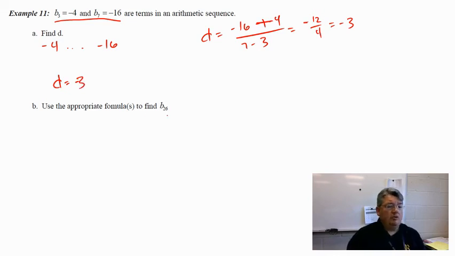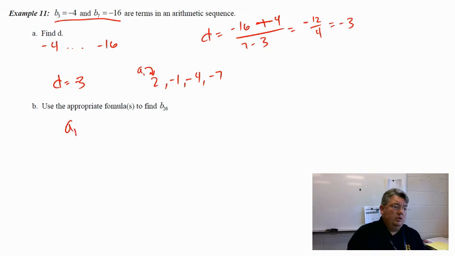Use the appropriate formulas to find the 26th term. Well, let me think. If the third term is -4, and I'm going down by 3, it goes -4, -7. This is going to go the other way. -1, 2, right? 2 minus 3 is -1. -1 minus 3 is -4. Yeah, that works. So there's my first term.